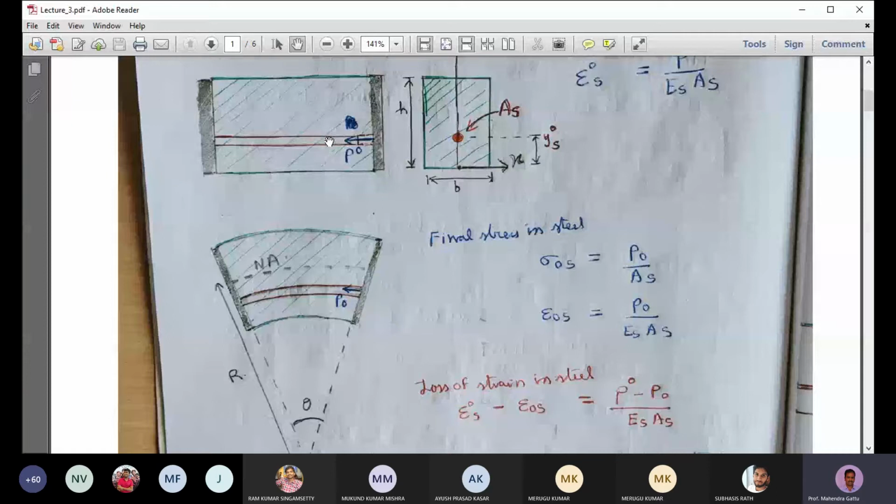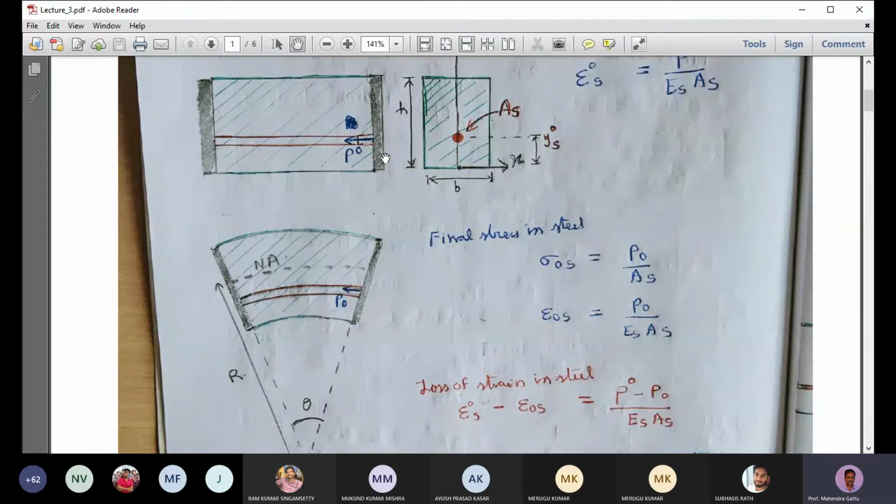At the location where the tendon is, initially there is some tensile strain, whereas in the concrete adjacent to the tendon there is zero strain. If you look at the stress in the concrete, there is no stress at this point of time.